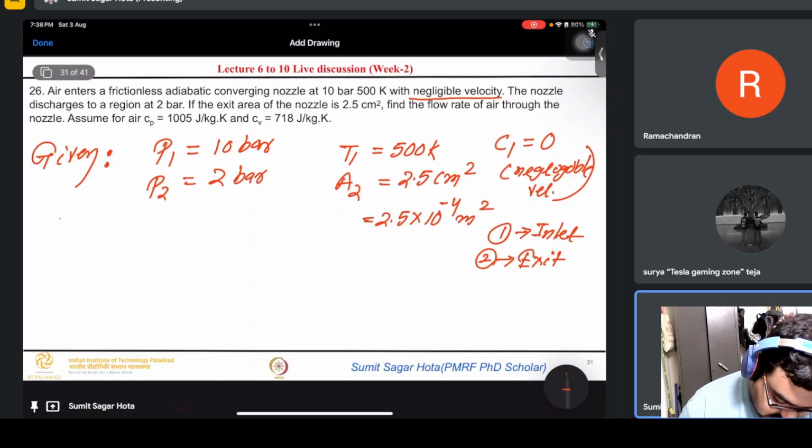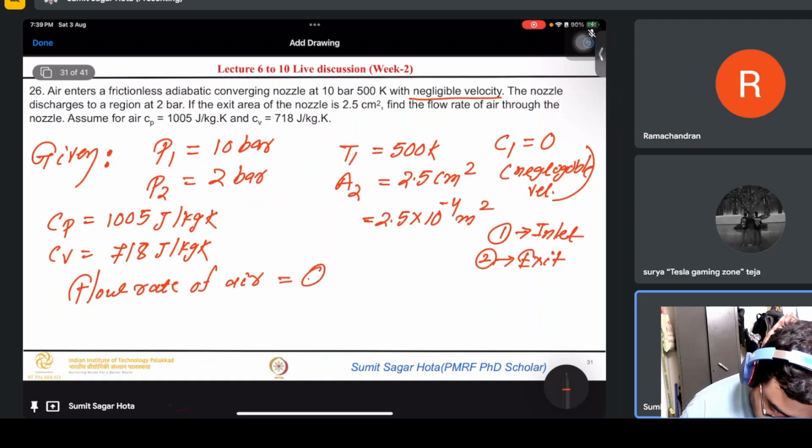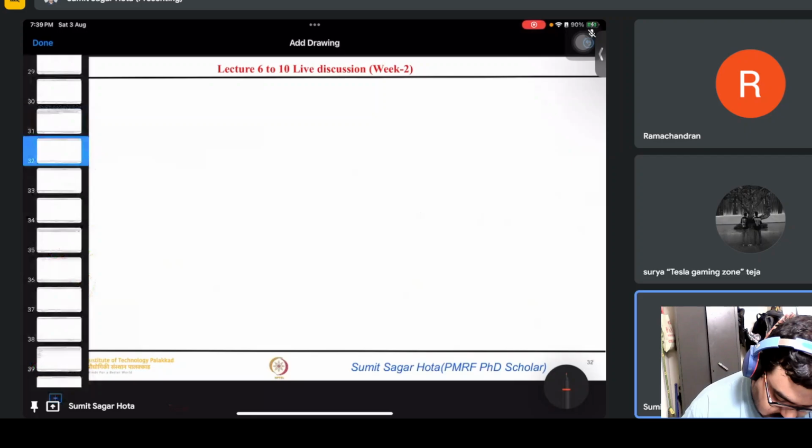Cp given is 1005 joule per kg Kelvin, then Cv is 718 joule per kg Kelvin. We need to find the flow rate of air. Gamma I can assume 1.4. So let's go for the solution.